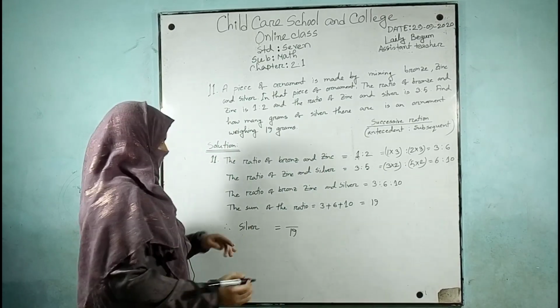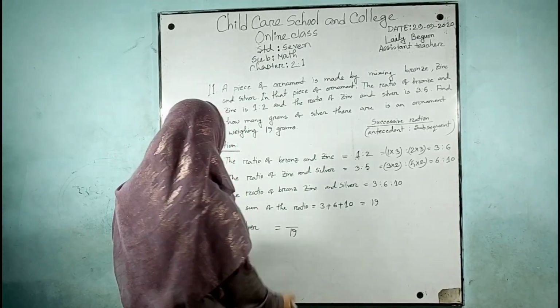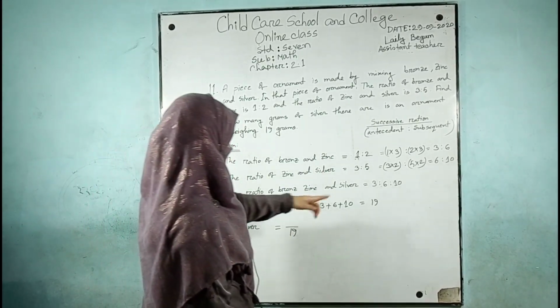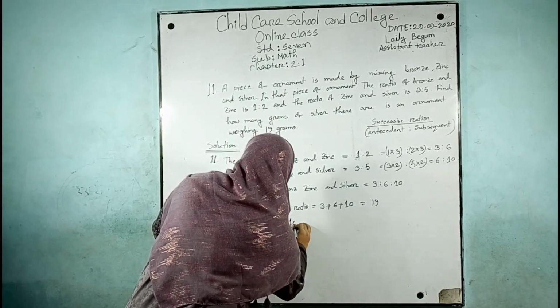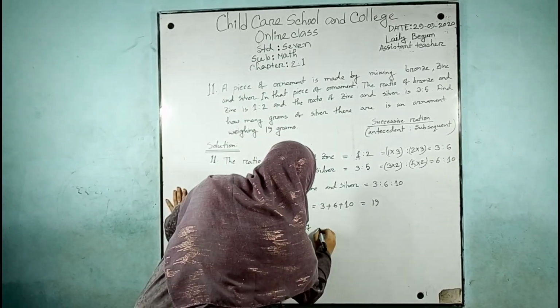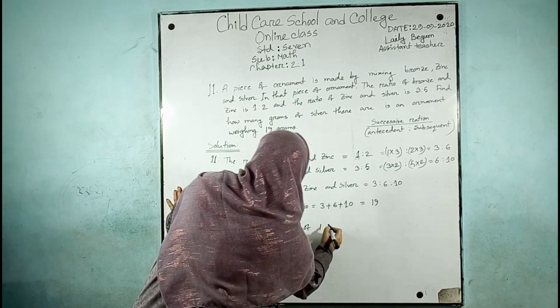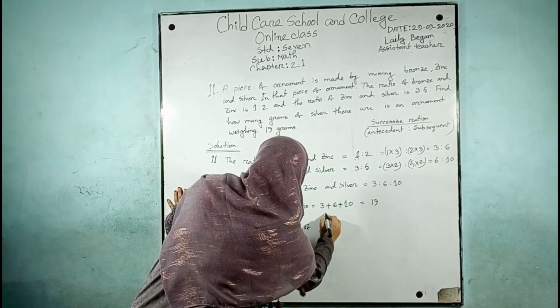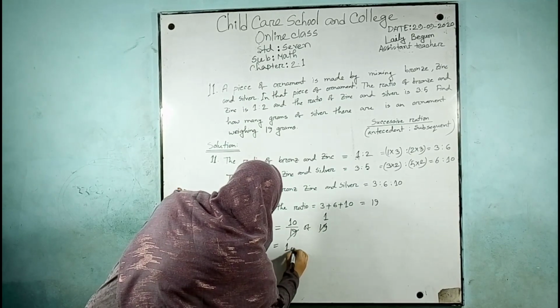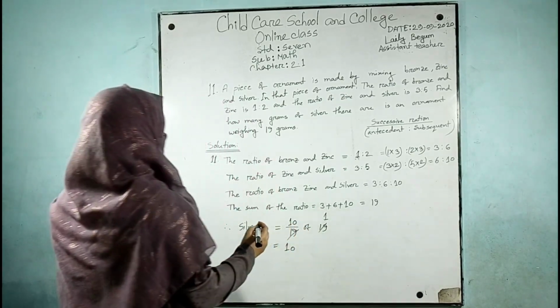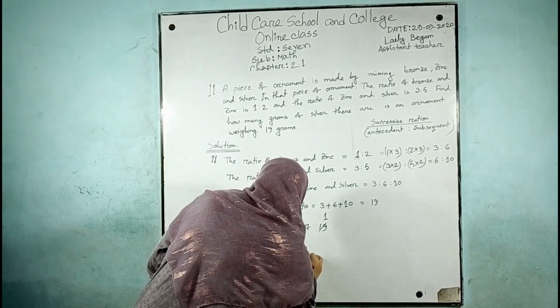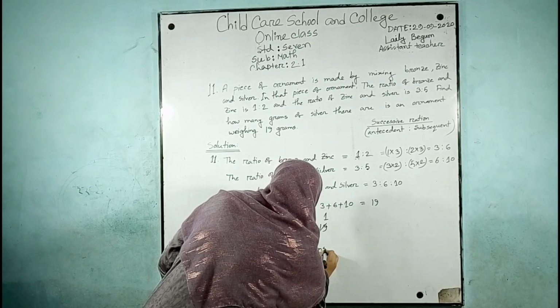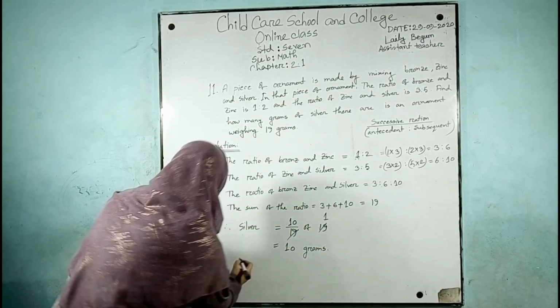The sum of the ratio, 19, is the denominator, and the ratio of silver is 10. Then 10/19 of 19 grams is 10 grams. And this is the answer.